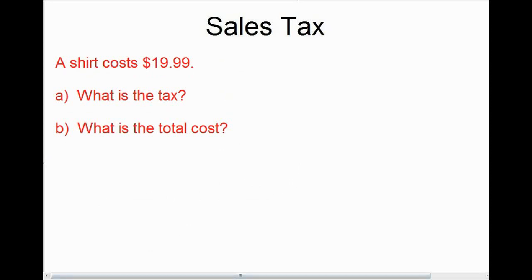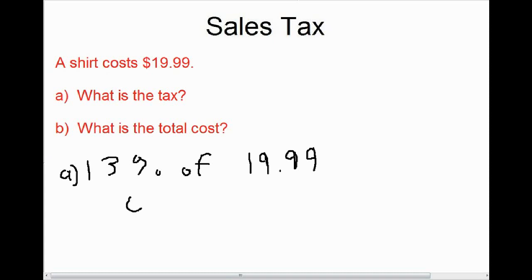As we just discussed, to calculate tax on an item, it's 13% of the cost. And in this case, the cost is $19.99, so it's 13% of $19.99. And as we also discussed, to calculate the percent of a number, we want to change that sentence to a math sentence.